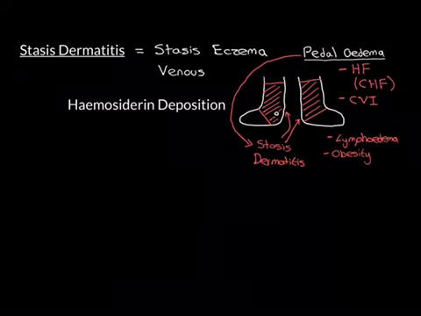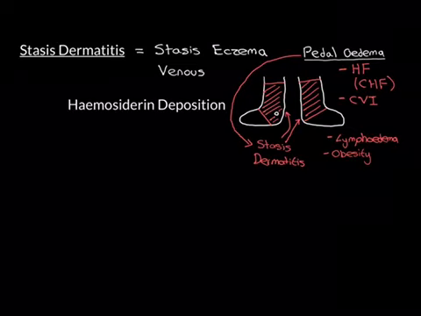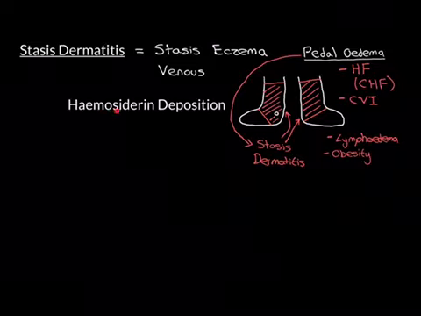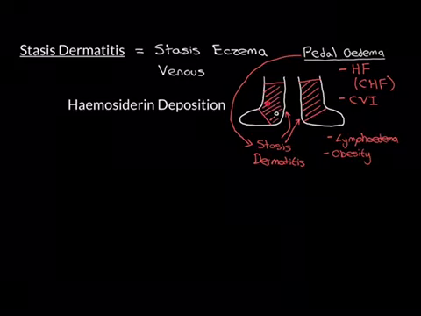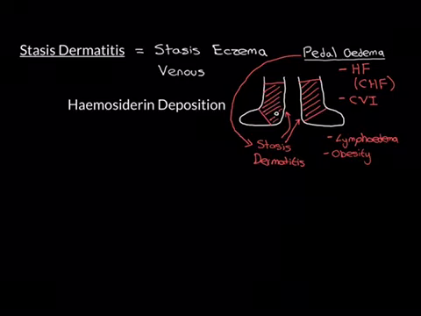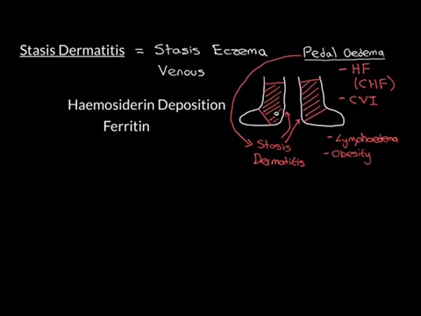Now, hemosiderin is a protein complex that binds iron and stores iron. And in areas where you have edema, you can get this hemosiderin, this complex of iron, and I do believe it's a complex made up from multiple ferritin molecules. So ferritin is a complex that stores iron within the body, and loads of cells use ferritin to store iron.